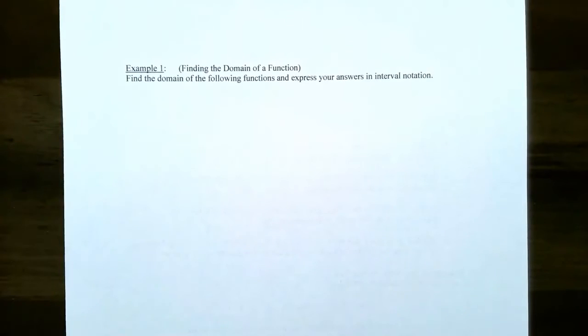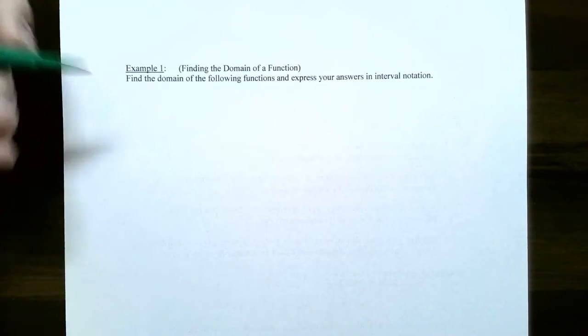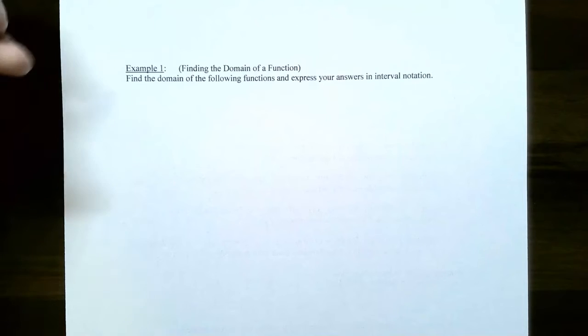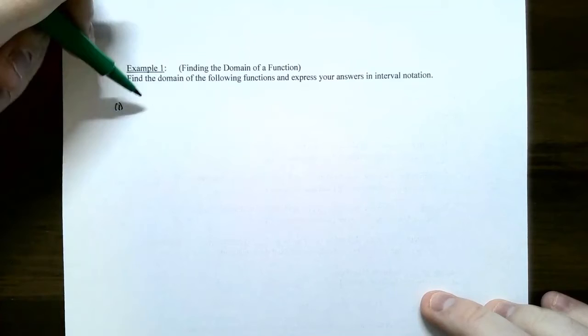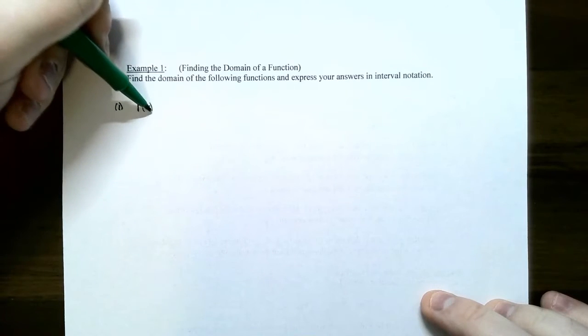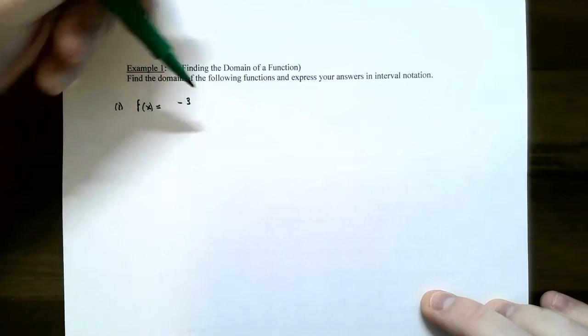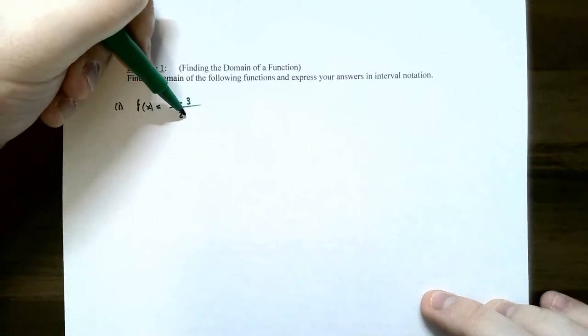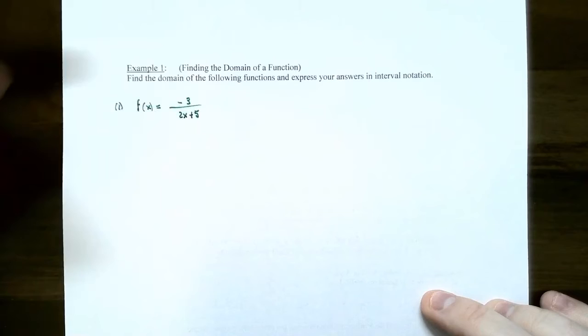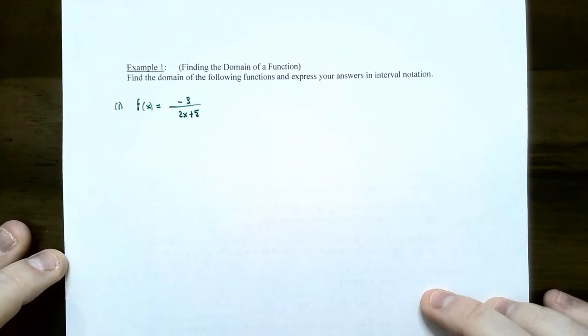Okay, so example 1, we're going to find the domain of the following functions and of course write the answer using interval notation for the domain. So number 1, let's try out finding the domain for f of x equals negative 3 divided by 2x plus 5. So we did something similar just a minute ago.